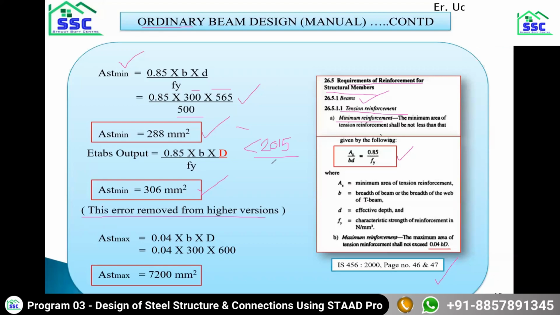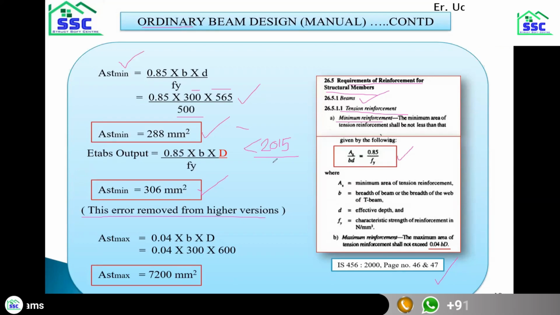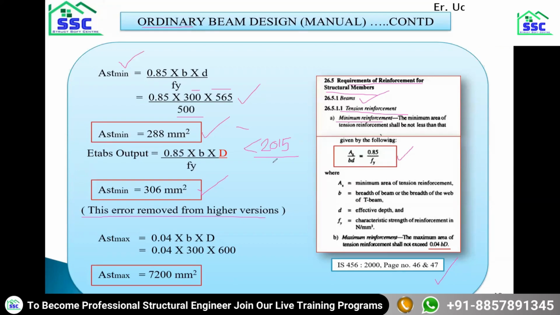But in case you are using any version of Etabs earlier than 2015, you can cross-check that your AST minimum of the beam will not match the IS code formula.